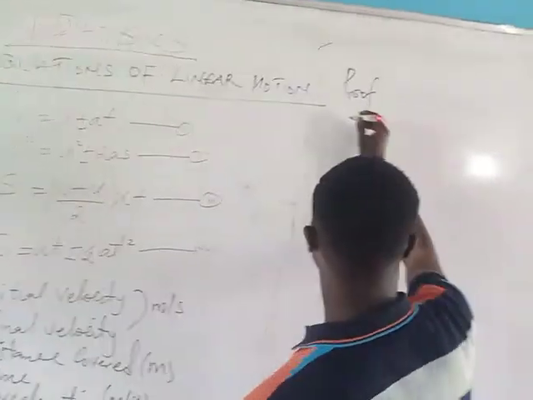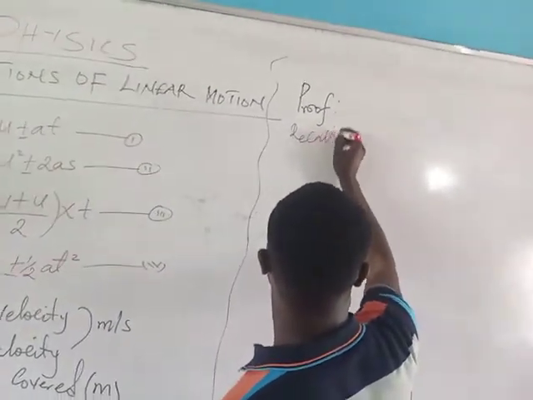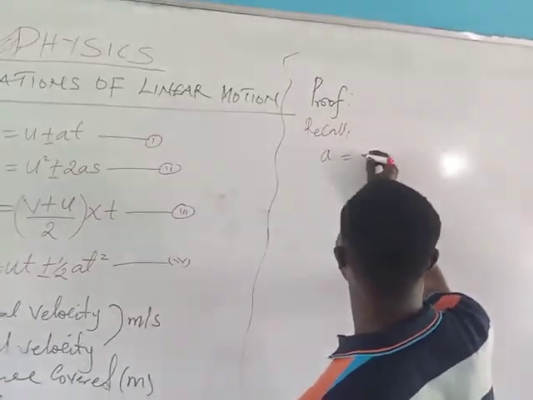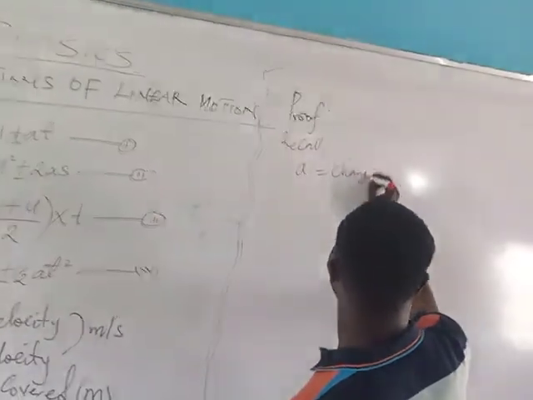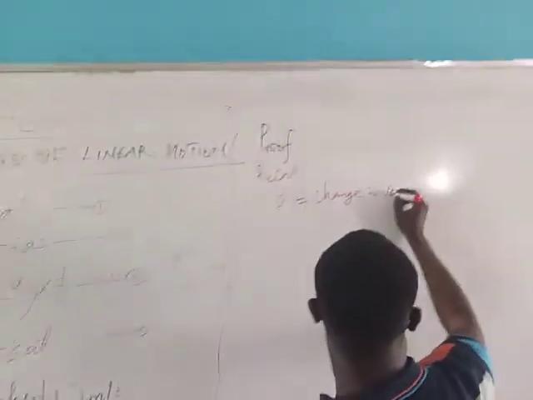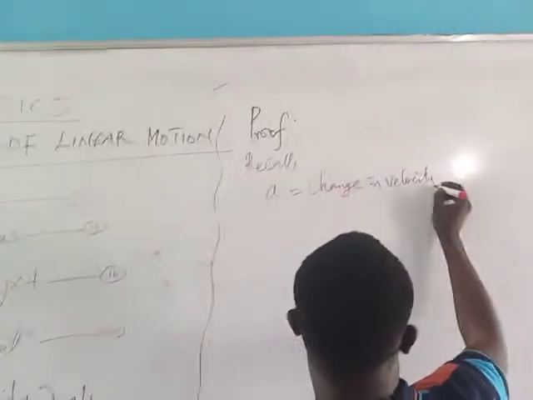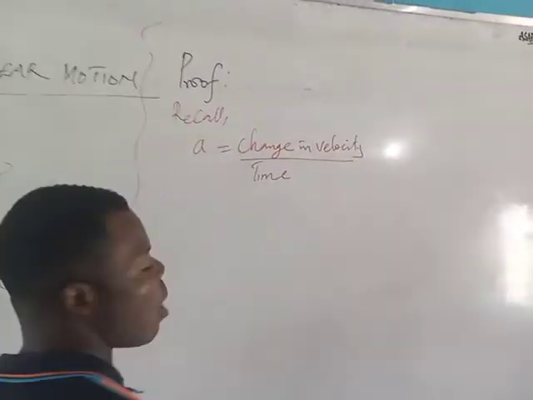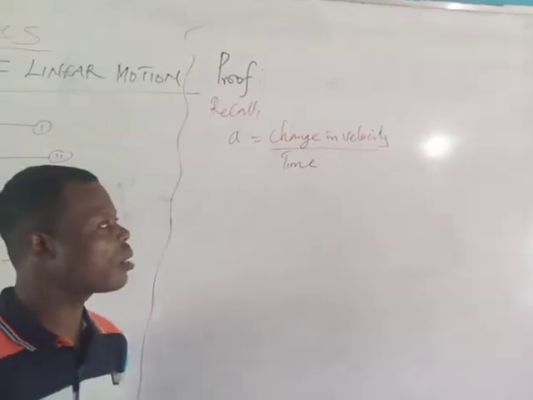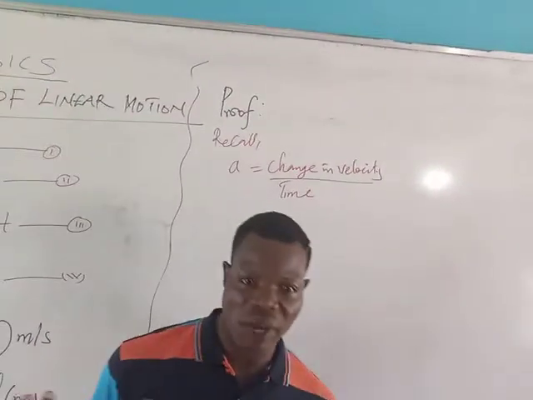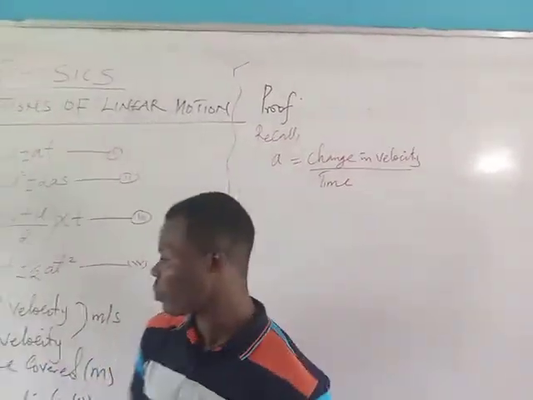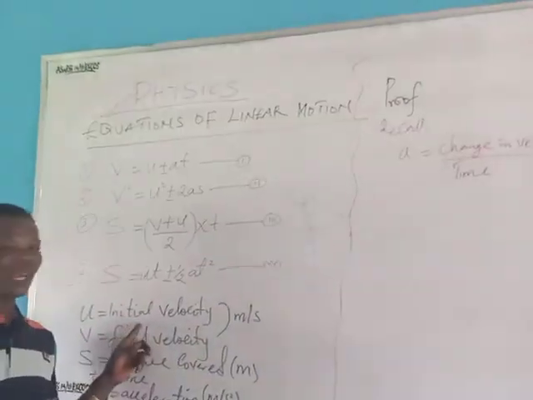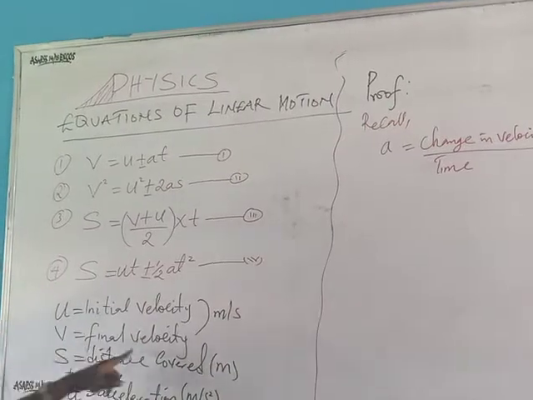If you recall that acceleration is equal to change in velocity over time. And when we say change in velocity, that is the difference in the velocity. Like I said, we have two types of velocities: initial velocity and final velocity.